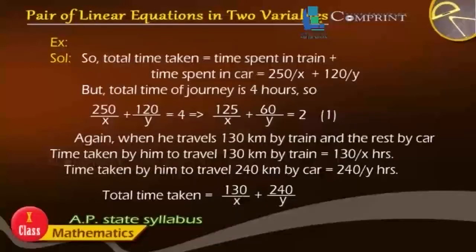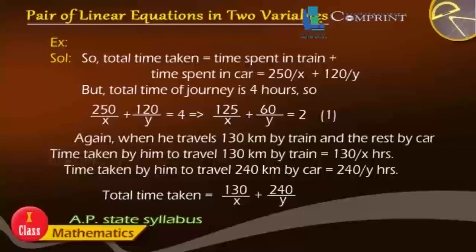Equation 1. Again, when he travels 130 kilometers by train and the rest by car, time taken by him to travel 130 kilometers by train is equal to 130 by x hours. Time taken by him to travel 240 kilometers by car is equal to 240 by y hours.